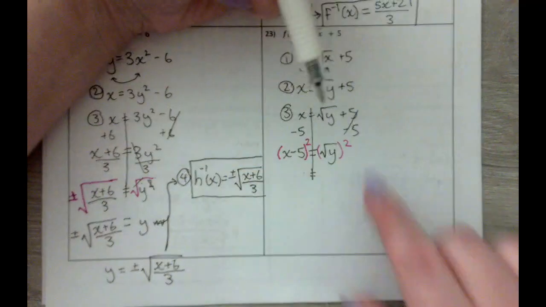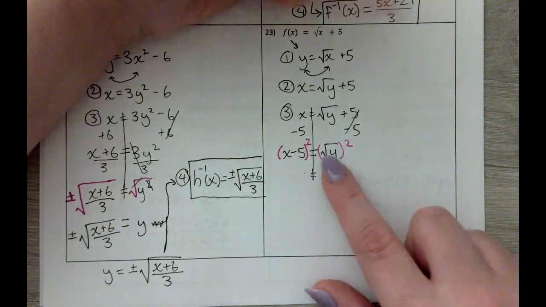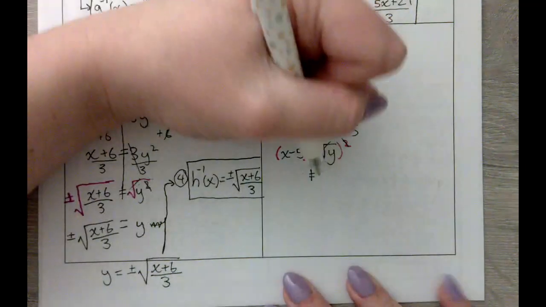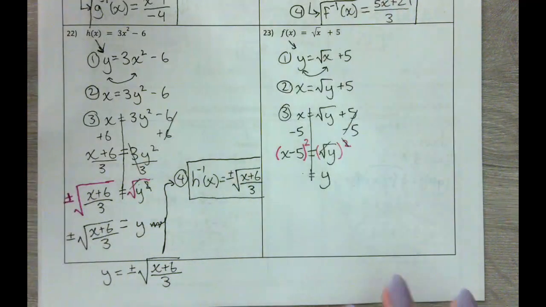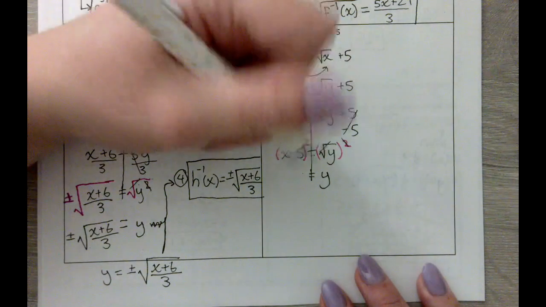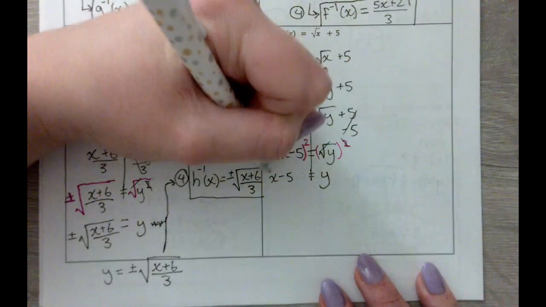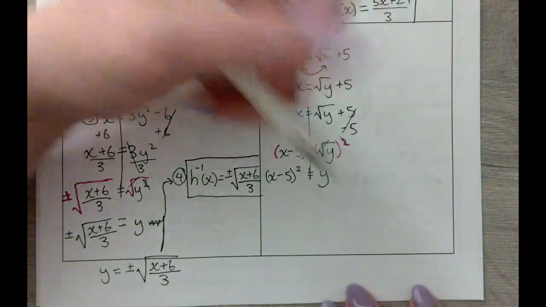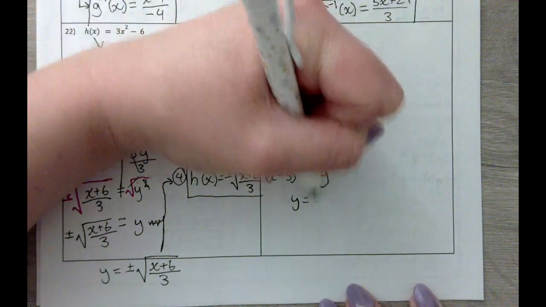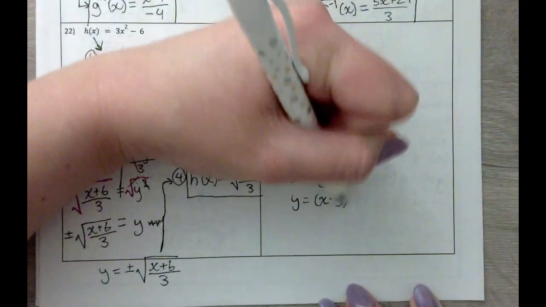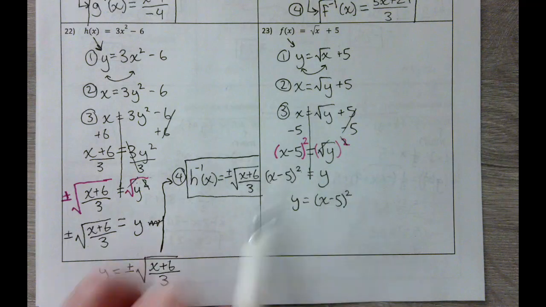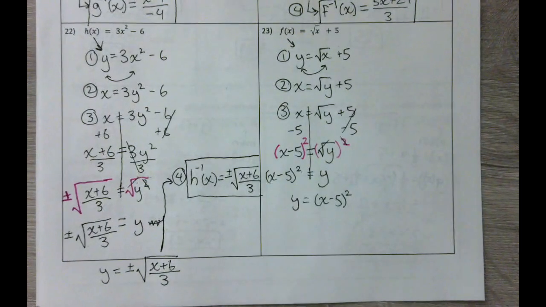Next step. Remember, I did this to cancel out the square root. So square root cancels with the square. It's gone. So I am left with just y. Bring all of this down. X minus 5 squared. I'm going to flip the sides here. Y equals x minus 5 squared. You could separate and multiply this out if you want, but again, just leave it. There's no harm in doing that.